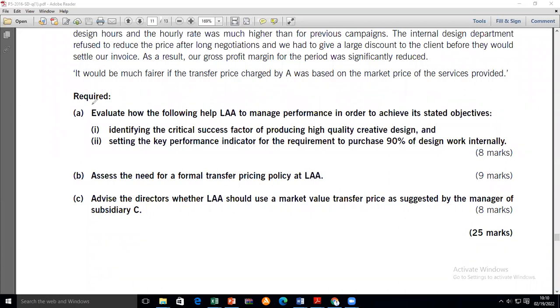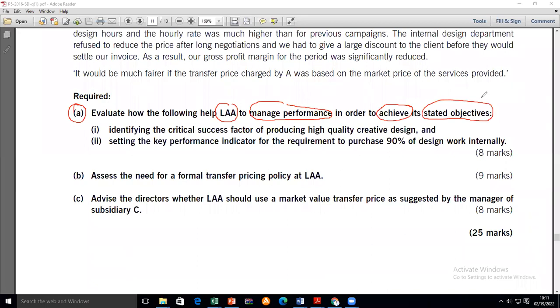Part A of the question. We want to talk about the concept of critical success factors and KPIs. So in this exam, the examiner asked the question, evaluate how the following help our company to manage performance in order to achieve its stated objectives.